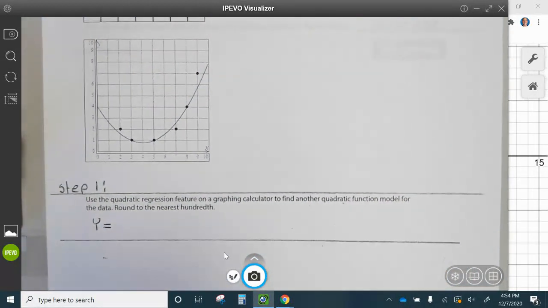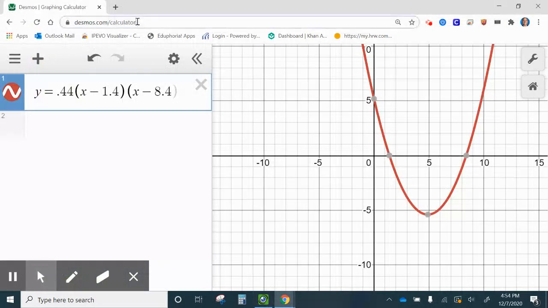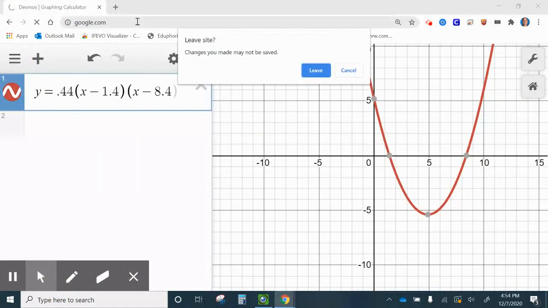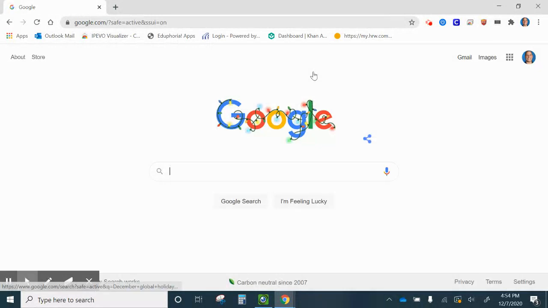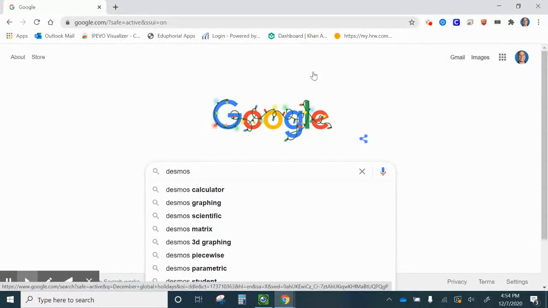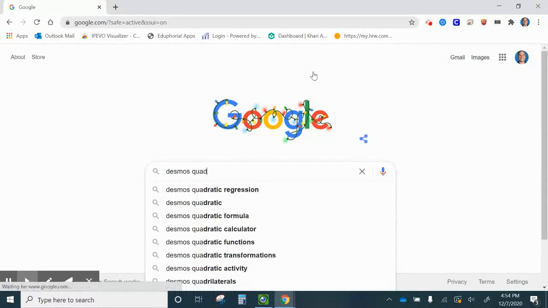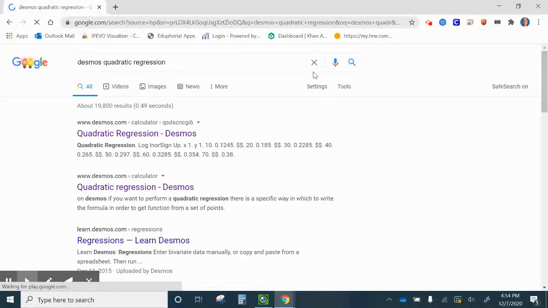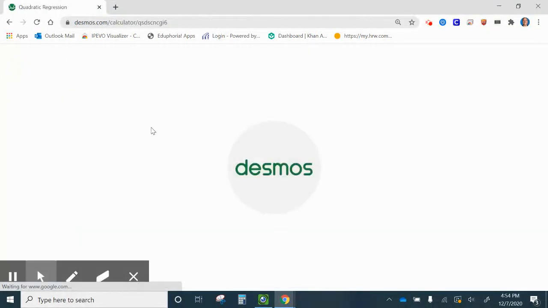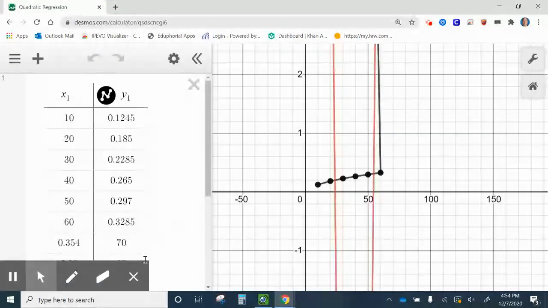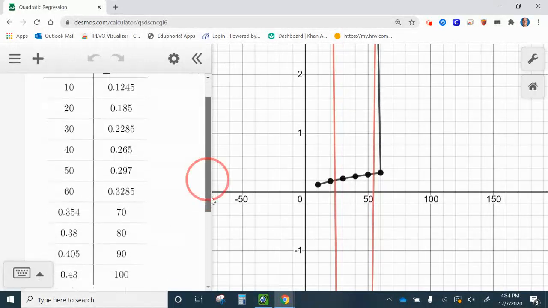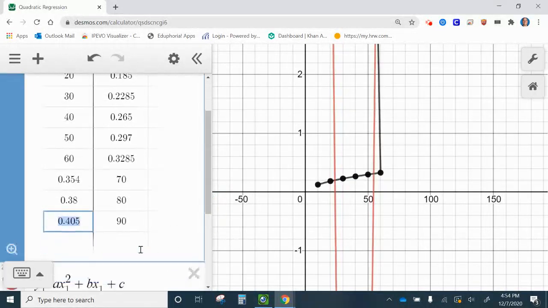Okay. So what we're going to need to do is go to Google, and we're going to type in Desmos Quadratic Regression. Okay. And remember, we need to delete these values.